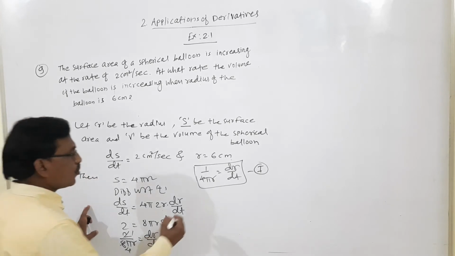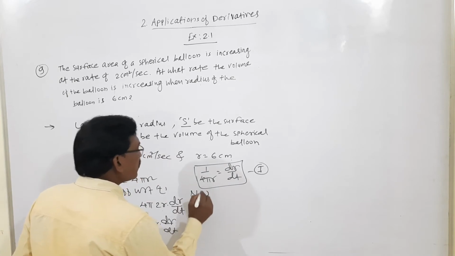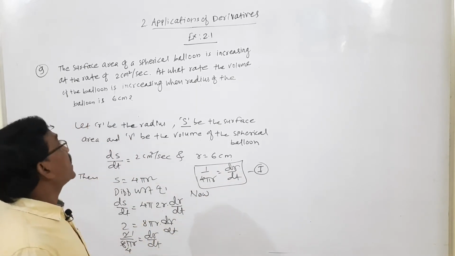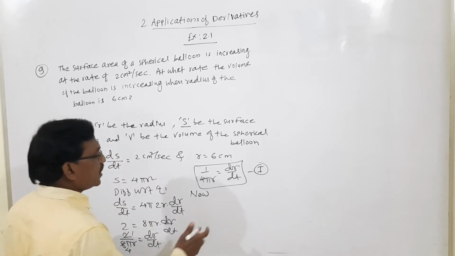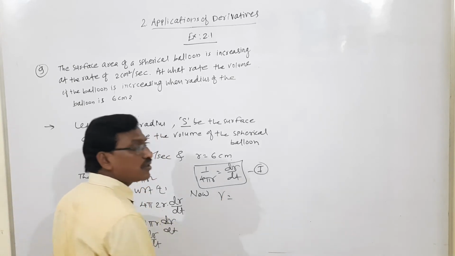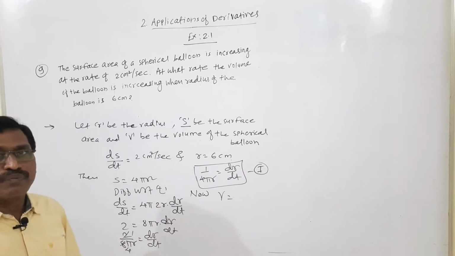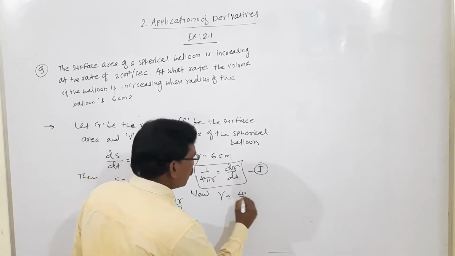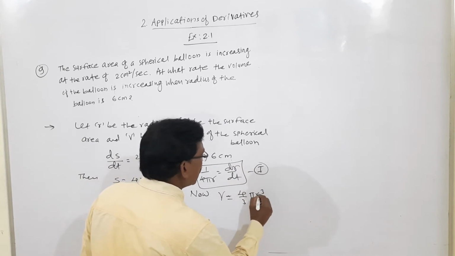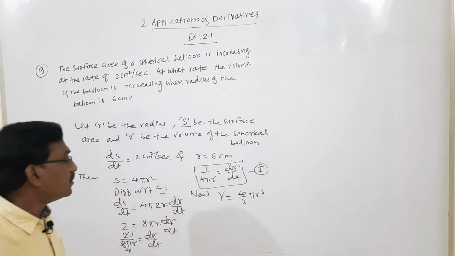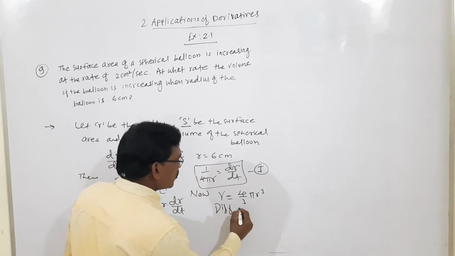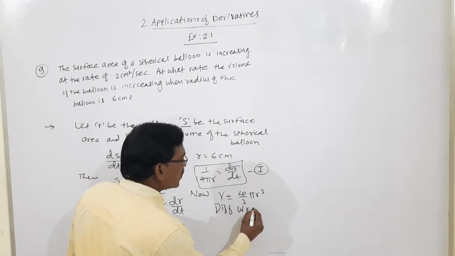Now we have to find the rate of increase of the volume of this spherical balloon. We know the volume of the sphere is 4 by 3 pi r cube, that is the formula. Now again we differentiate it with respect to t.